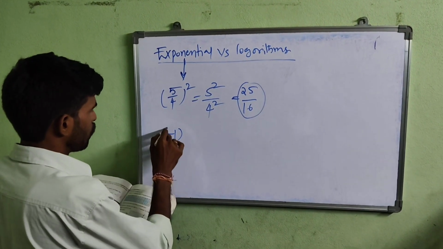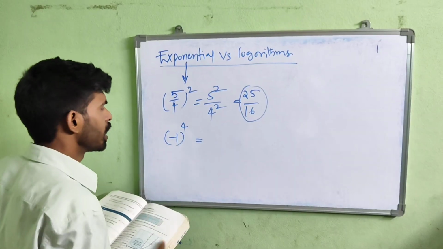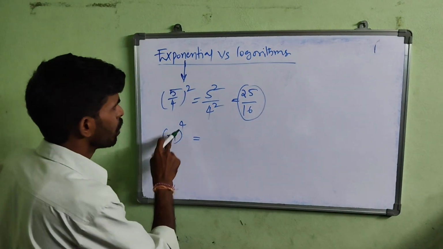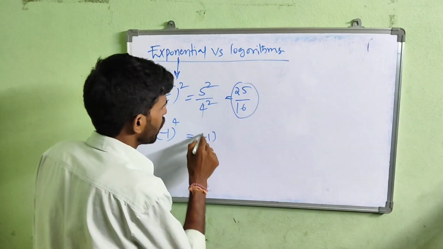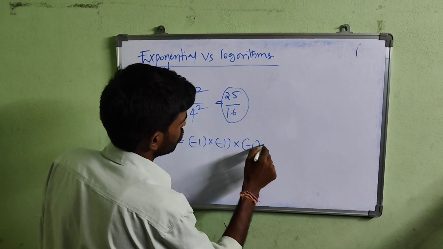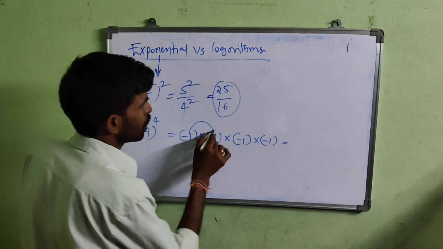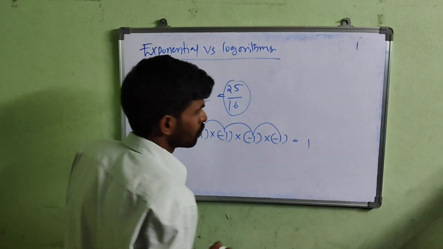Next is minus 1 power 4. How we can write it? Minus 1 power 4 means minus 1 four times. Now 1 into 1 is 1, 1 into 1 is 1, 1 into 1 was 1.